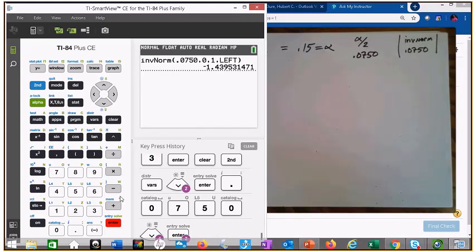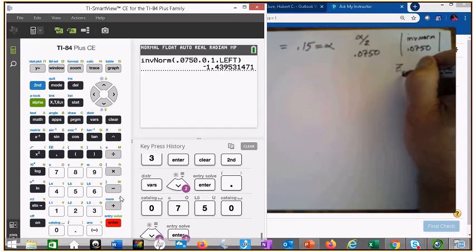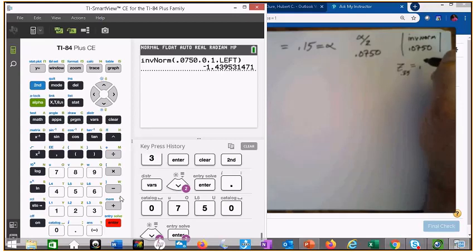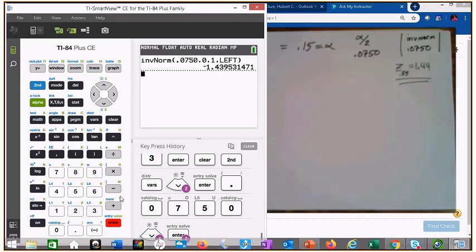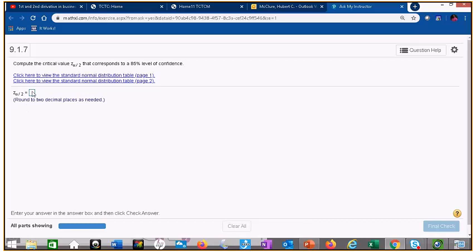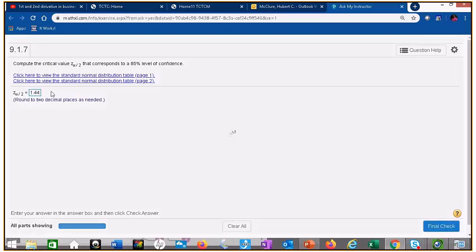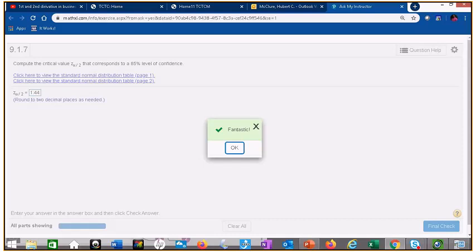So your z-score at 85 percentile is equal to 1.44. So that is a test question. 1.44. I like those because that's very short and sweet.